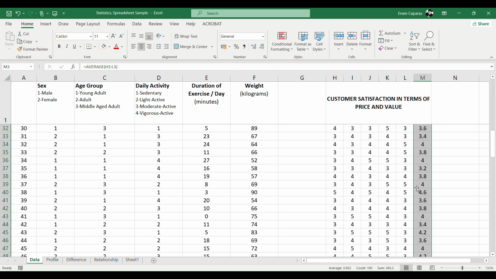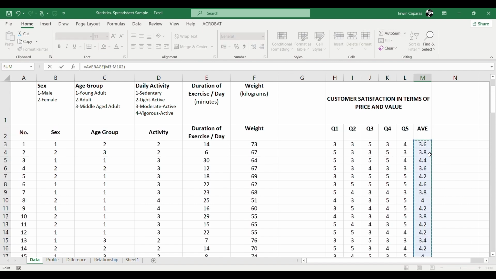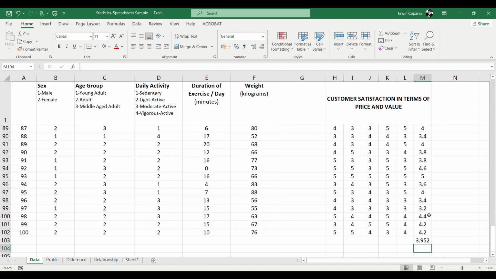Now that we have computed the average, we have to compute for the grand mean, so that that value will represent the customer satisfaction in terms of price and value. So we click the average, and then it will suggest that it will average the data that is highlighted. You just click enter, and then the value is 3.952.